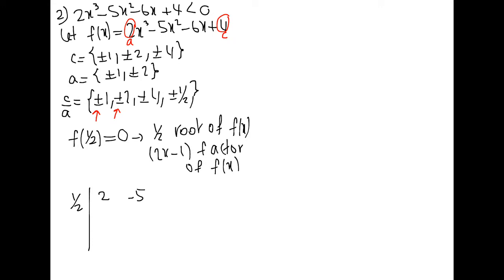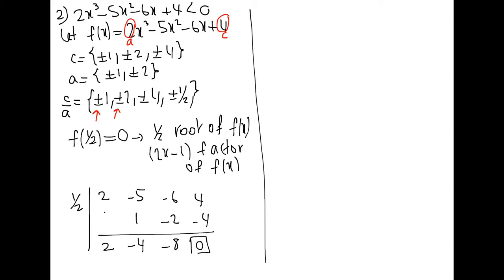So using synthetic division, we list the coefficients of the polynomial. Then 2 times half is 1. Negative 5 plus 1 is a negative 4 times half, that's a negative 2. Plus negative 6, that's a negative 8 times half, that's a negative 4, which adds up with 4 into 0, which is our remainder.